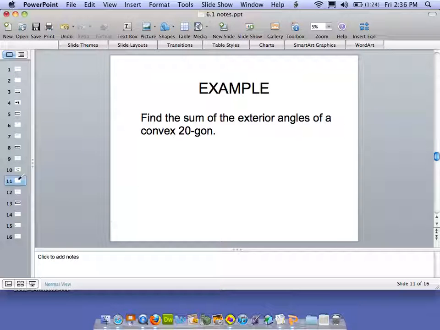So if I'm looking for the sum of the exterior angles of a convex polygon that has 20 sides, there's no work to do, it's 360. If I'm looking for the sum of the exterior angles of a convex polygon that had 101 sides, it's still 360.